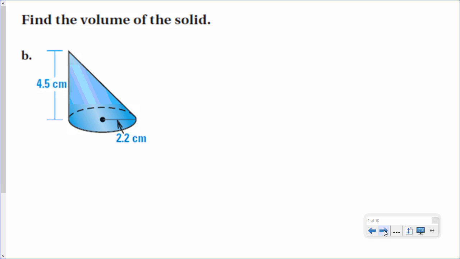Moving on to the next one. So we have a cone, and probably the biggest thing you should focus on is the 4.5, whether that's height or that's slant height. Now it goes straight up and down from the base, so that's going to be your regular height. The volume for a cone is 1/3. Don't forget that 1/3. And then we're going to use a cone, which is pi r squared h.